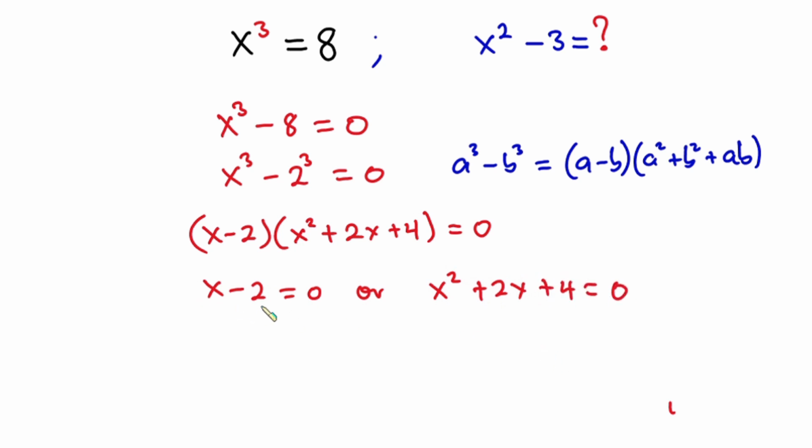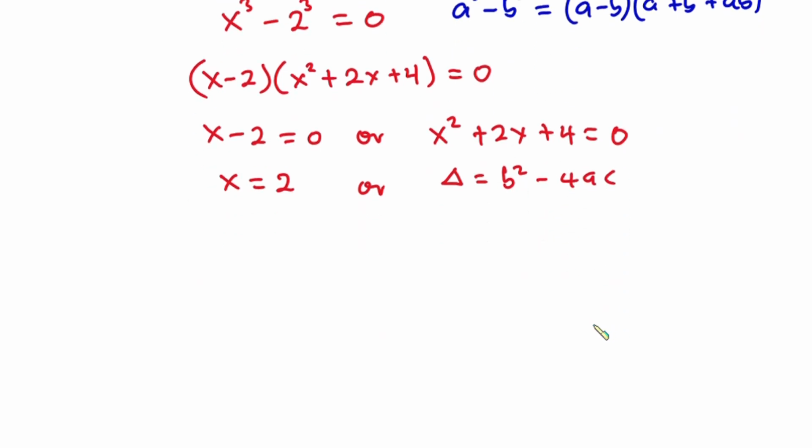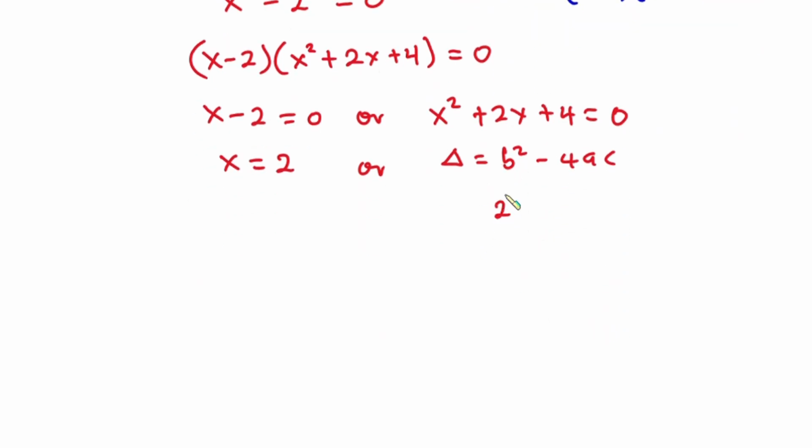Now solving for x from this equation, we have x is equal to 2. Now let's discriminate this quadratic equation using the discriminant formula, which is delta is equal to b squared minus 4ac. And we know that b is 2, so we have 2 squared minus 4 times 1 times c is 4, so we have 4 here. 2 squared is 4 minus 4 times 1 times 4 is 16, and this is equal to negative 12.